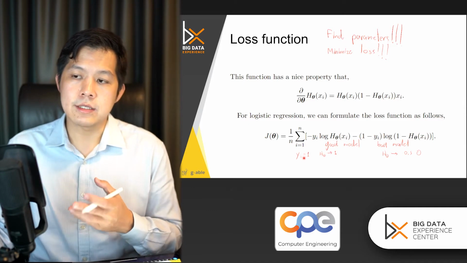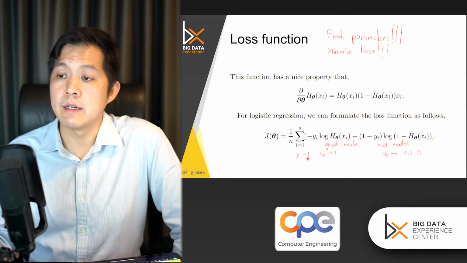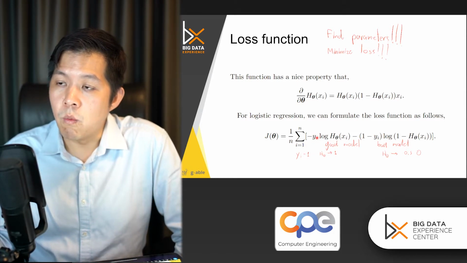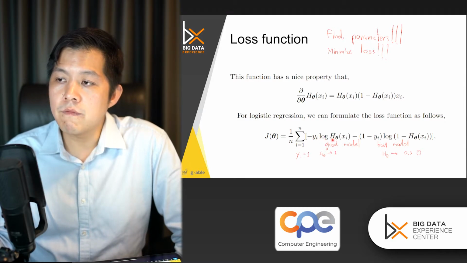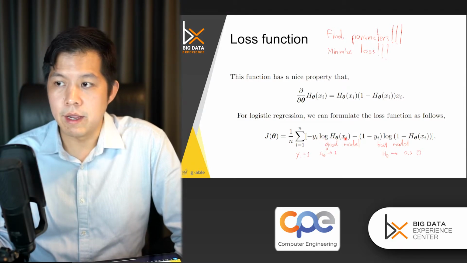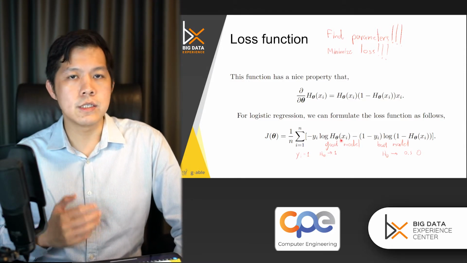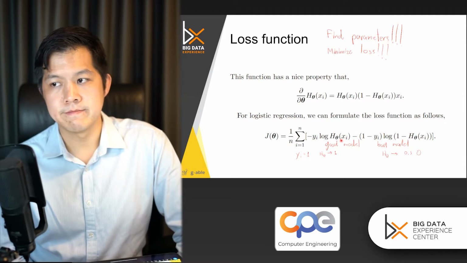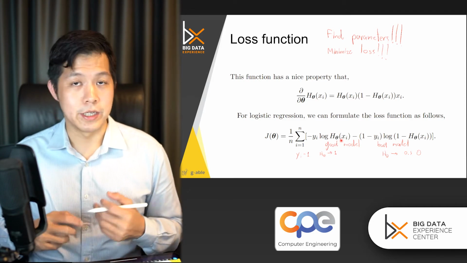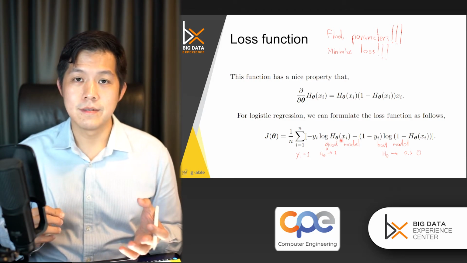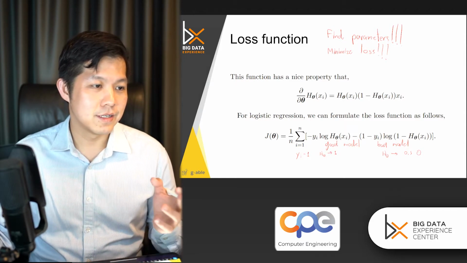So if in this case yi is 1 and we have a good model, what would happen to the loss function? We would have this equal 1, yi would equal 1, and then the log of h theta xi. If h theta approaches 1, what is the value of log of 1? 0.